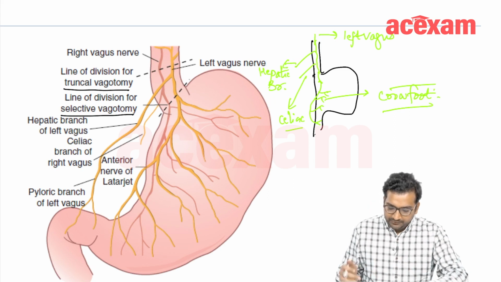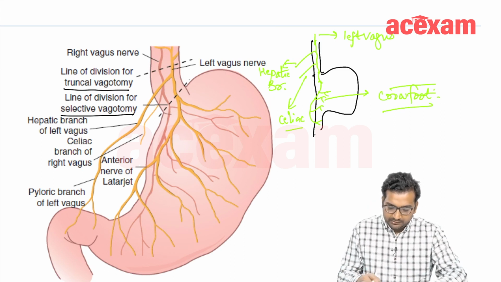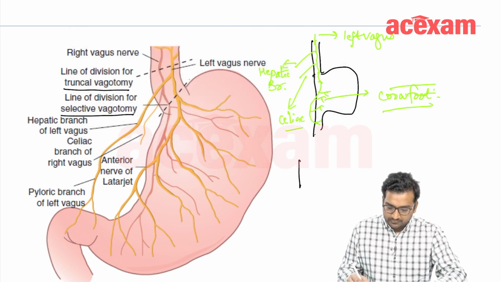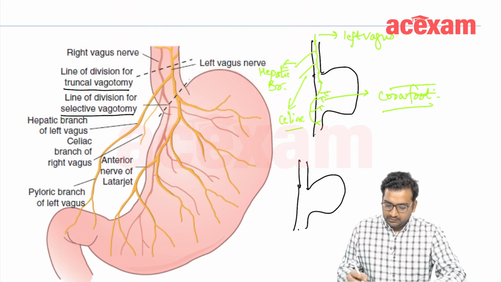Now, if we see the posterior vagus, it is coming from behind and is also giving branches like the crow's foot.